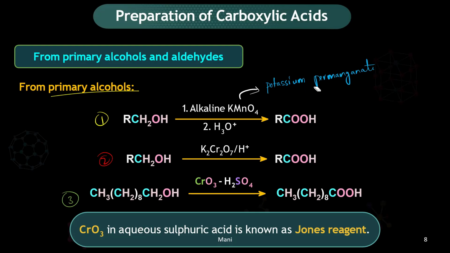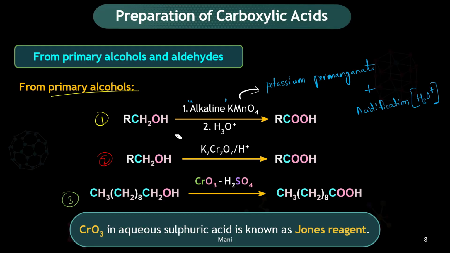And in which condition are we using this potassium permanganate? In the alkaline condition. Remember this, it is very, very important. It's not an acidic condition, it's an alkaline condition. So you will be getting some intermediate, then it is followed by acidification with H3O plus.